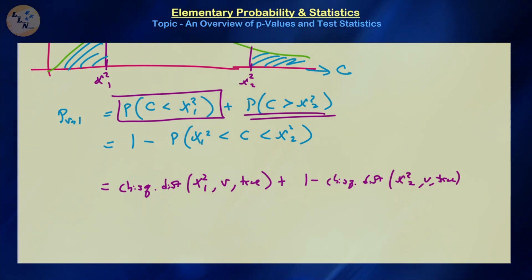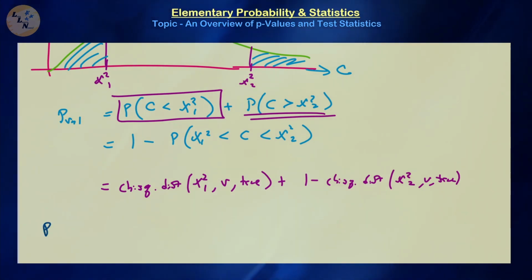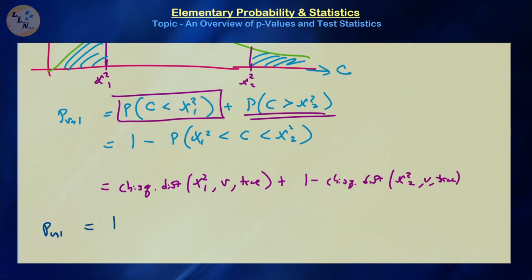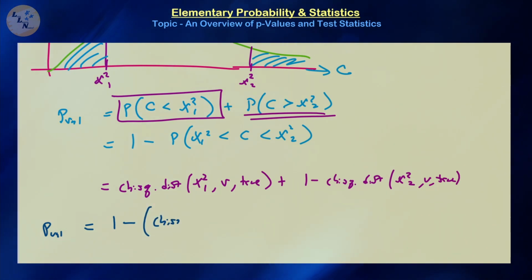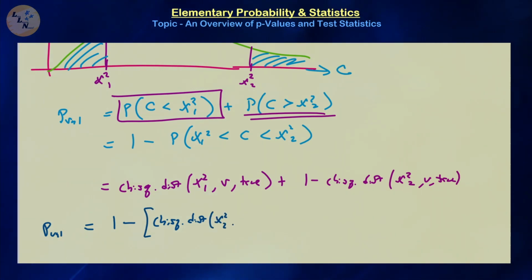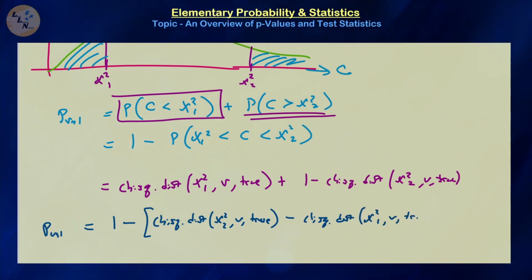If we rearrange this, what exactly do we have? The p-value for a chi-squared test is just equal to 1 minus, with a bracket to make it nice, CHISQ.DIST of chi-squared 2, v, comma TRUE, minus CHISQ.DIST of chi-squared 1, v, comma TRUE.